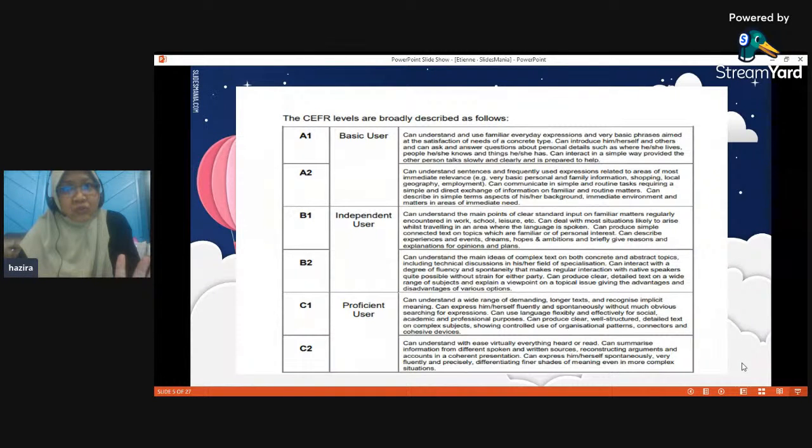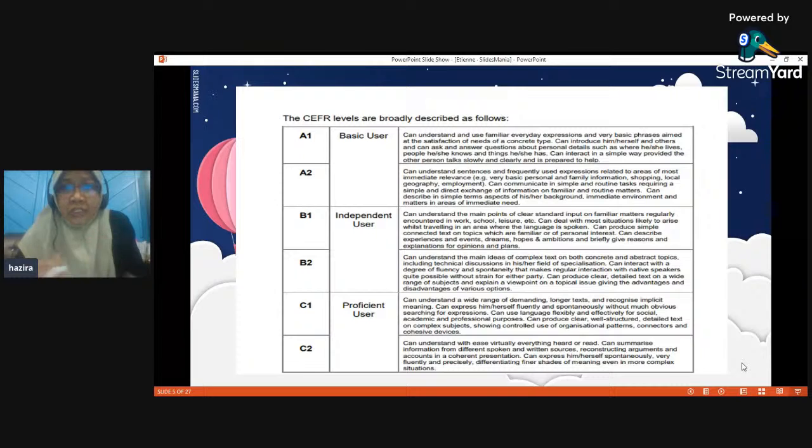Okay, this is the assessment criteria used in your SPM speaking test. It is derived from the CEFR A2 to C1 levels. You can see we have A1 up to C2.